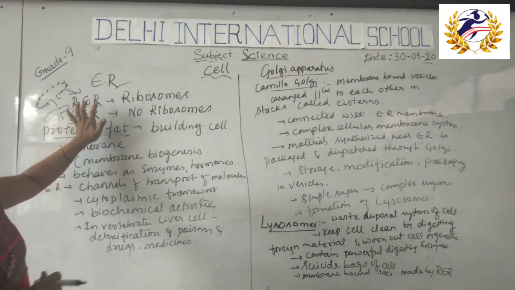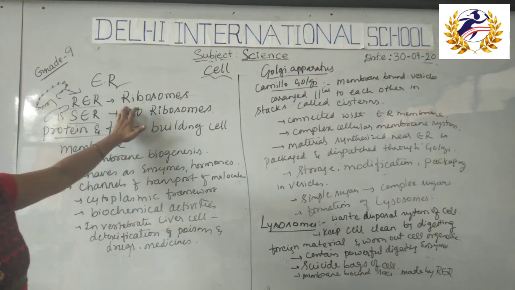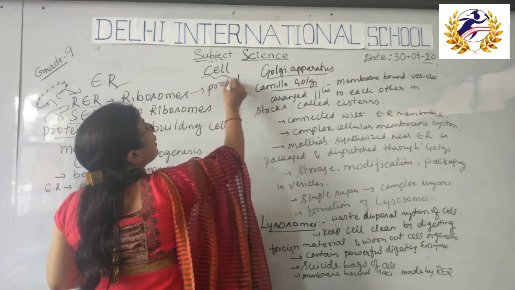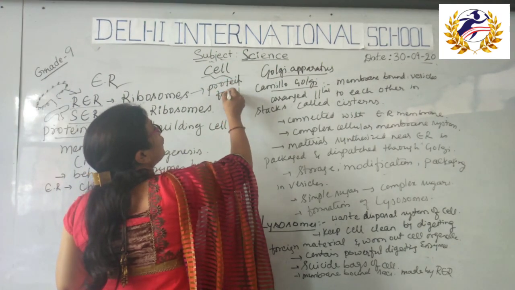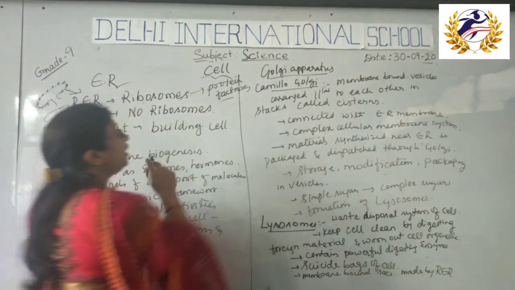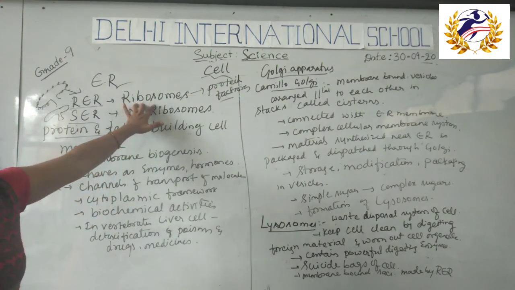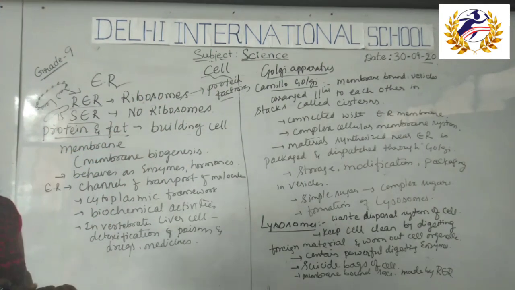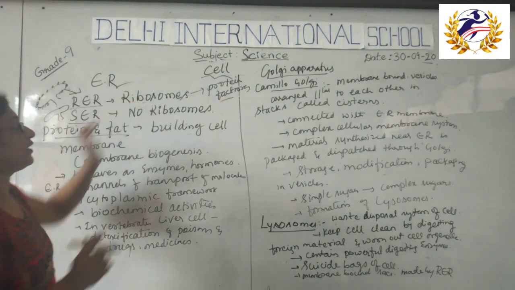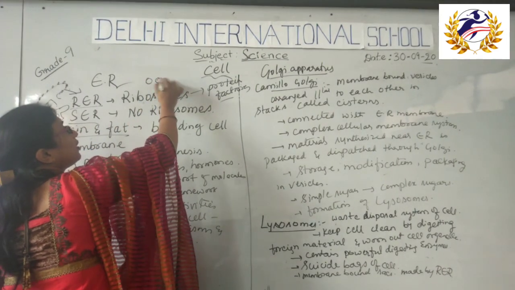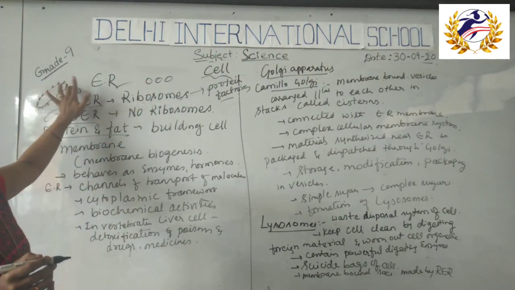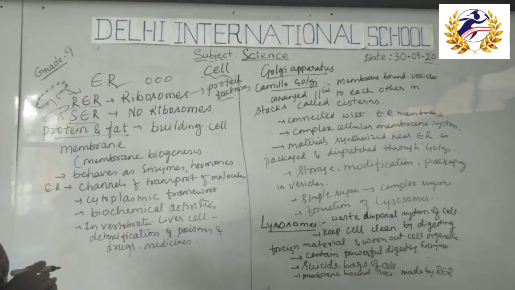Okay, so this rough endoplasmic reticulum has ribosomes. These ribosomes are called the protein factories of the cell. So all the proteins in the body will be synthesized from the ribosomes only. They are circular, membrane bound vesicles present around the endoplasmic reticulum.